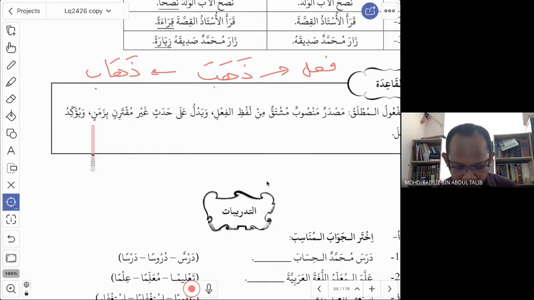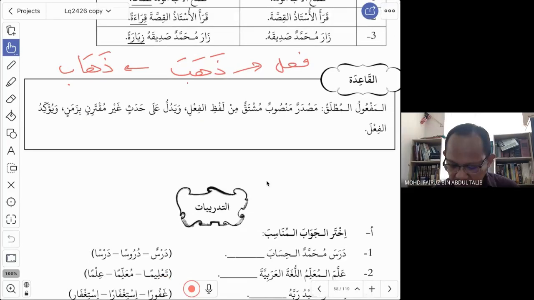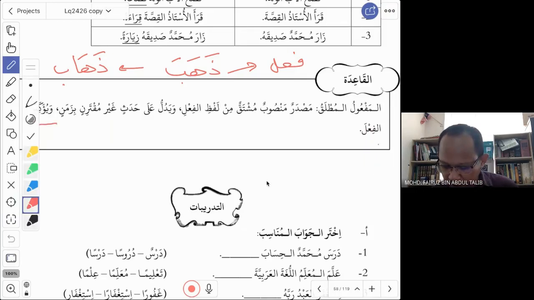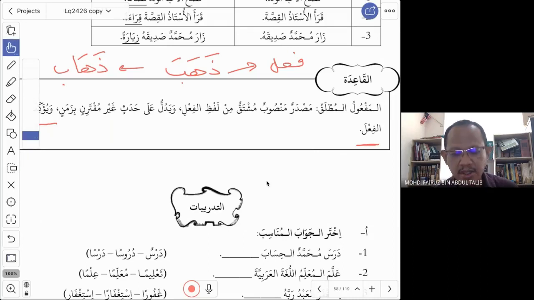Okay. Now, why do you need this masdar in a sentence? The function of the masdar when it becomes maf'ul mutlaq is this. Wa yu'akkidu al-fi'la. Okay, so please underline this part. Wa yu'akkidu al-fi'la. Yu'akkidu means to emphasize on an action, on the verb, meaning that you want to say you really have done that action.